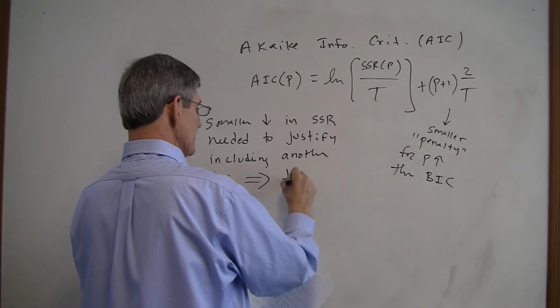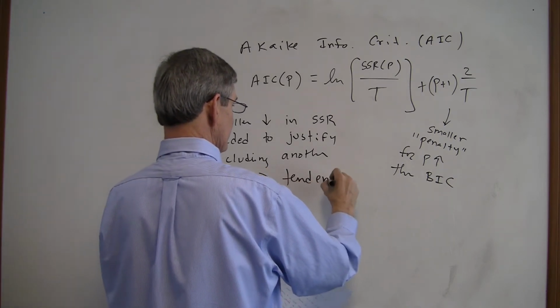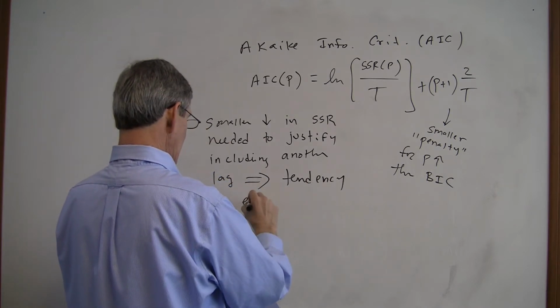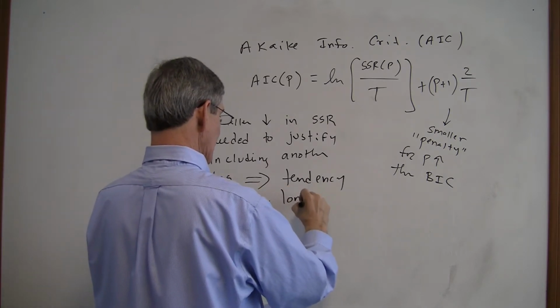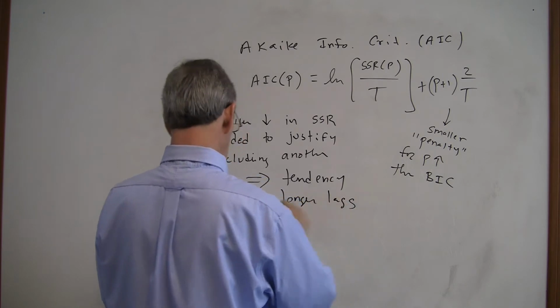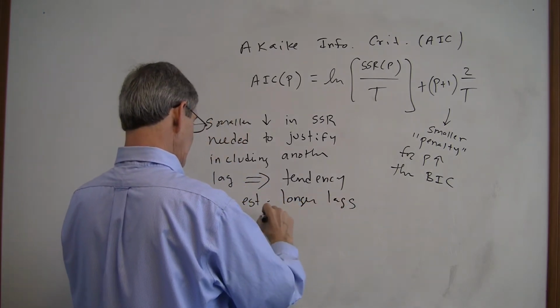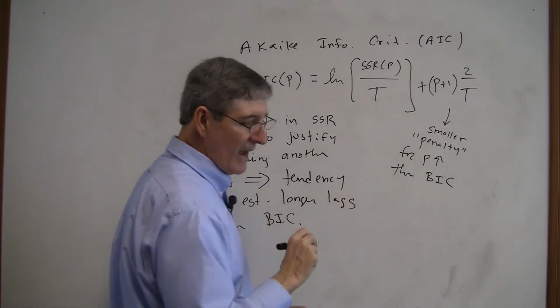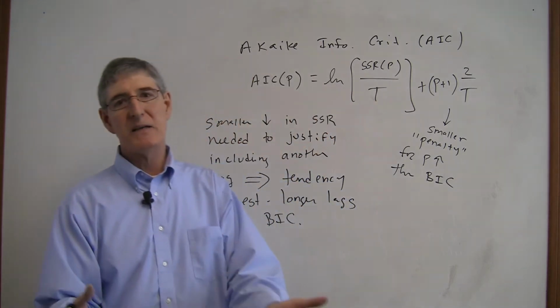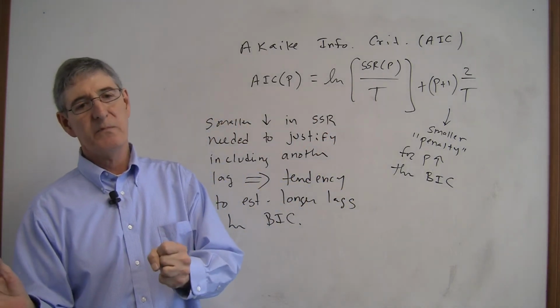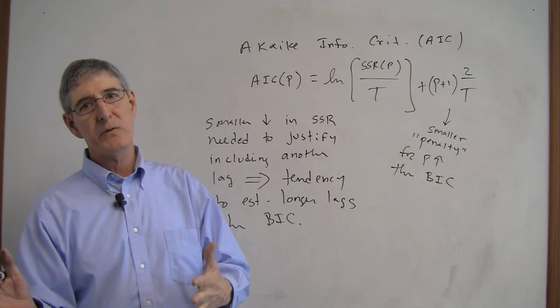And that implies there's a tendency to estimate longer lags than the BIC. The AIC is slightly biased towards finding lags greater than the true number.